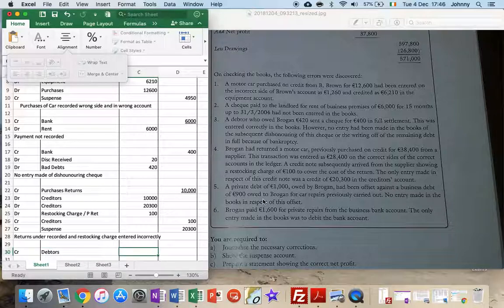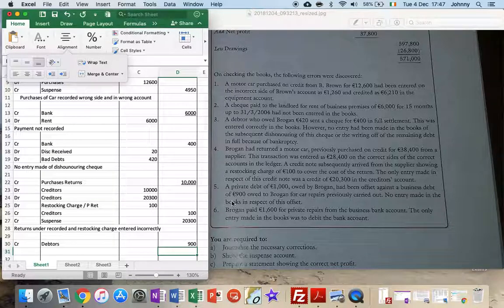So credit. So how much is the business debt? Against the business debt owed to Brogan for, okay. So the business debt is 900. So we're cancelling a debt of 900, and that was cancelled because of the owner, let's say, playing cards with the other guy, and the owner lost at cards. So it's like the owner is taking money out of the business to pay for that debt.